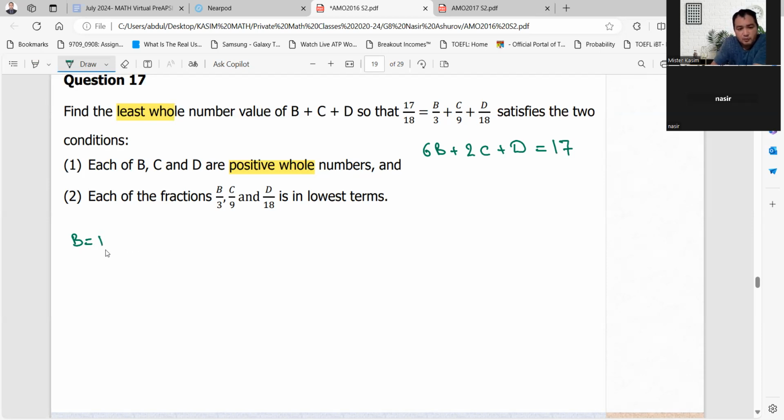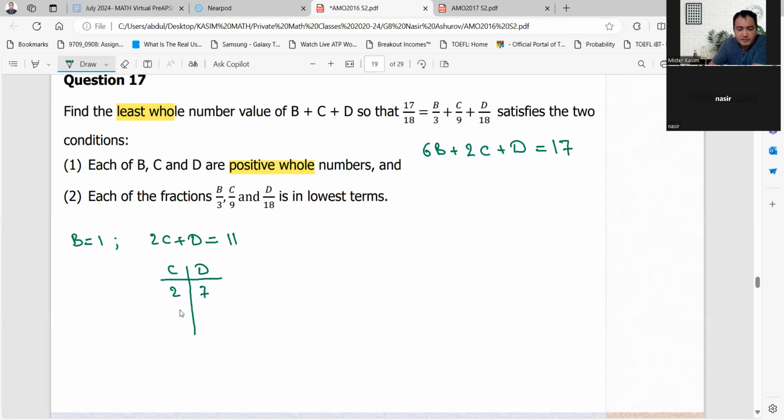If B is equal to 1, then we have 2C plus D. It should be equal to 17 minus 6. That's 11, right? If C is equal to 1, D is equal to 9. That's not possible because 9 is a multiple of 3. If C is 2, D must be 7.